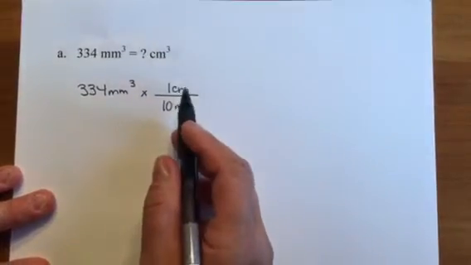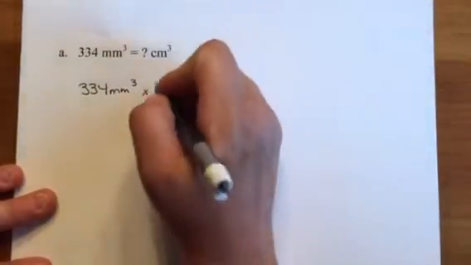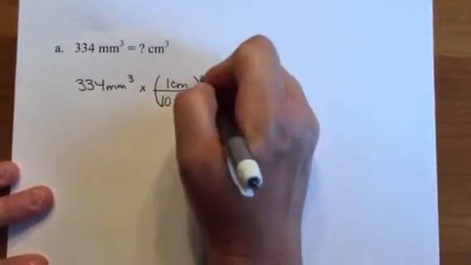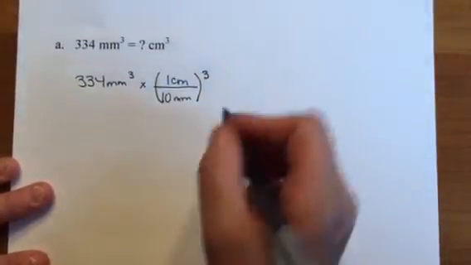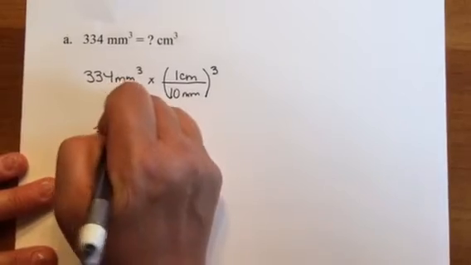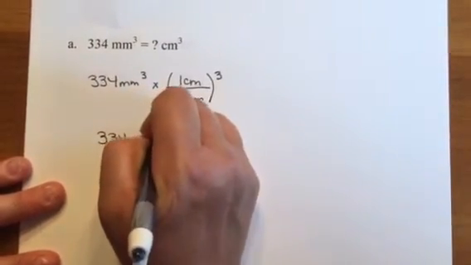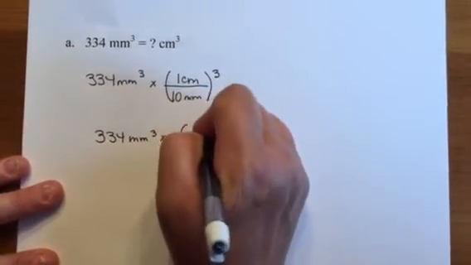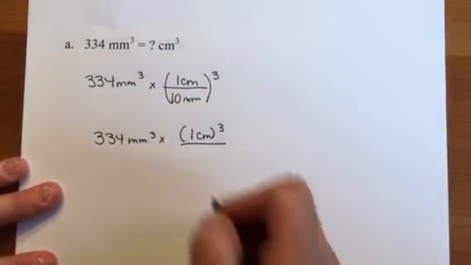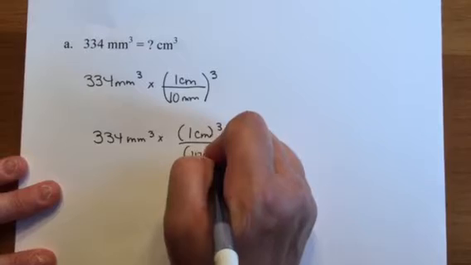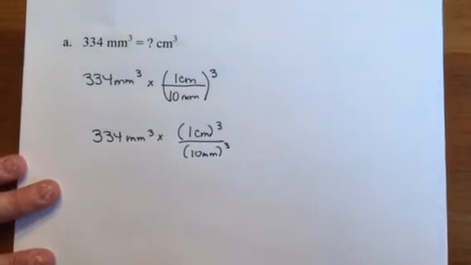So in order to get to centimeters cubed and to cube the millimeters, we're going to cube this entire term. So that's the same as 334 millimeters cubed times the top part, 1 centimeter, that whole term cubed, and 10 millimeters, that term cubed.